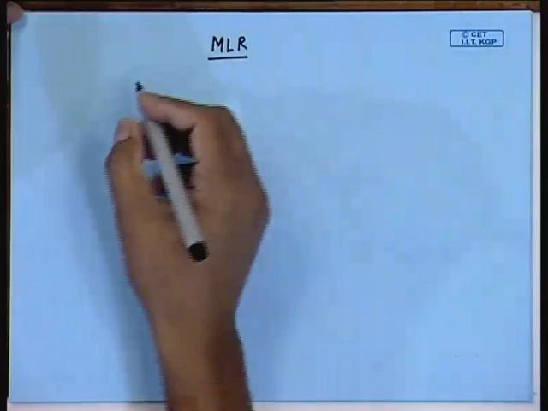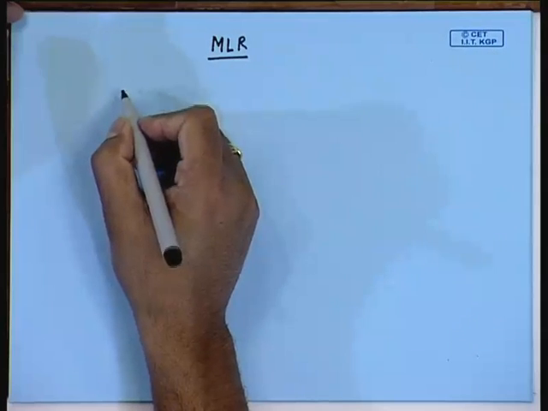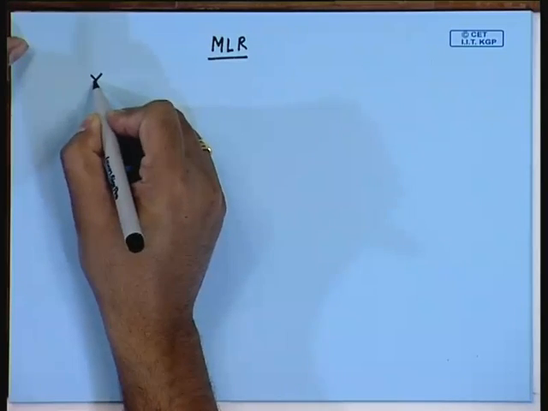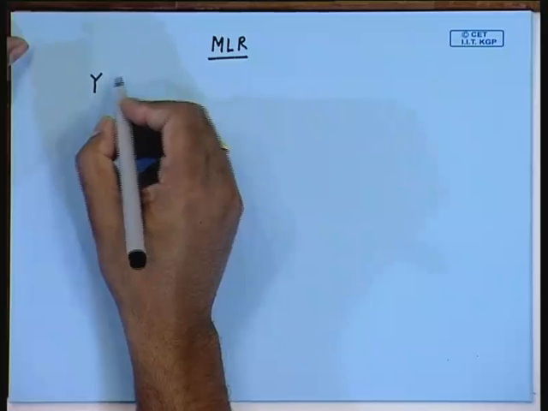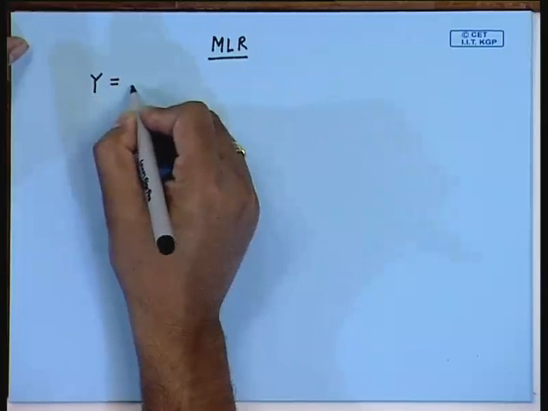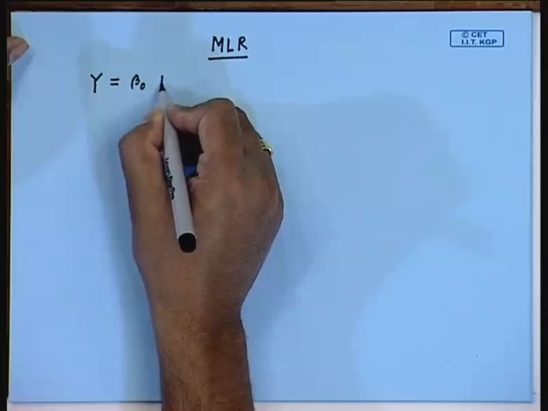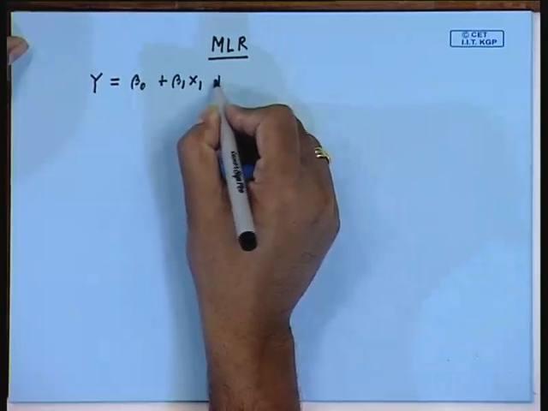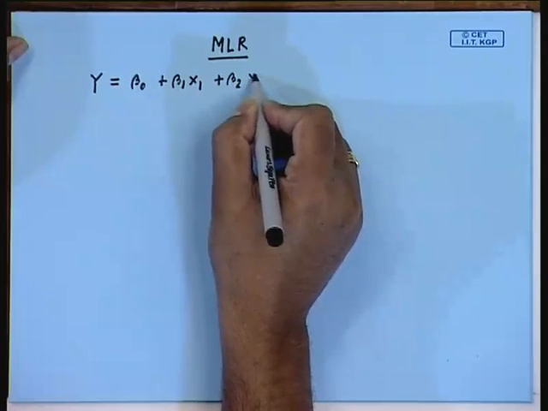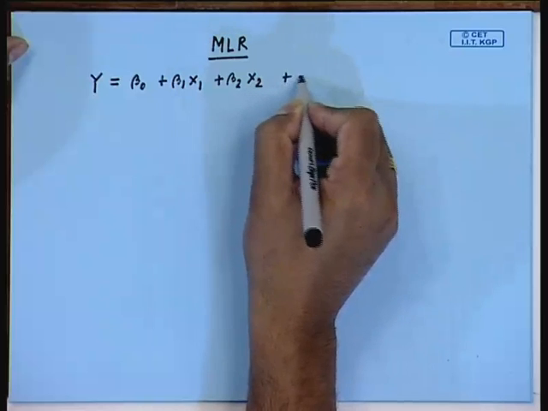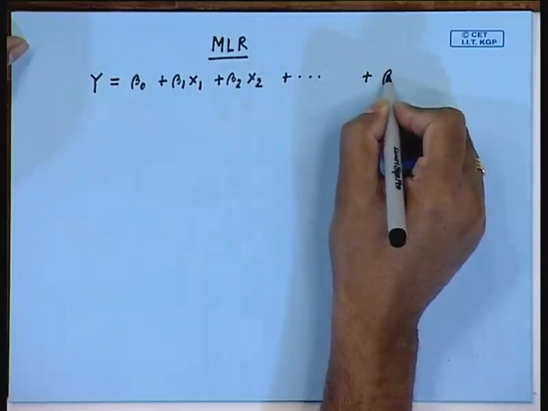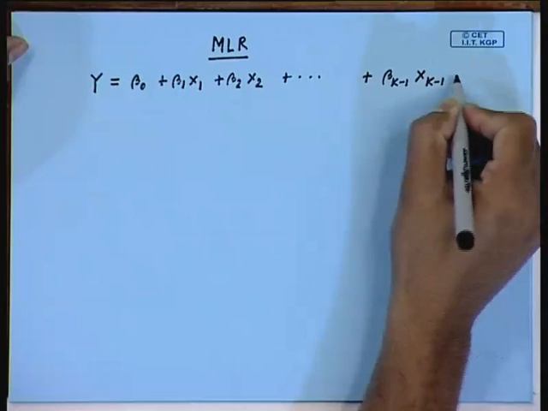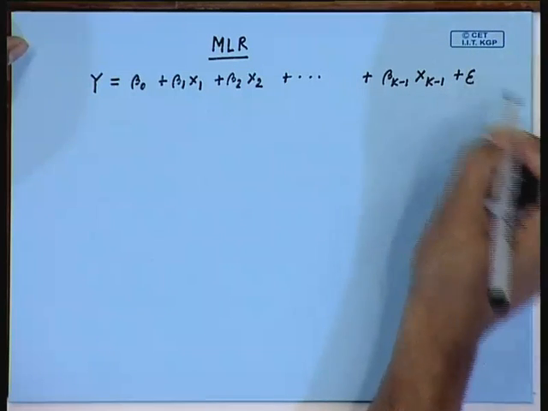We have a model with k minus 1 regressors: y equal to beta naught plus beta 1 x 1 plus beta 2 x 2 plus up to beta k minus 1 x k minus 1 plus epsilon.